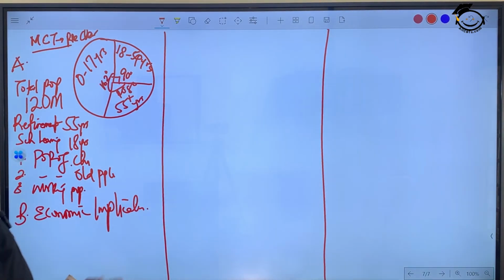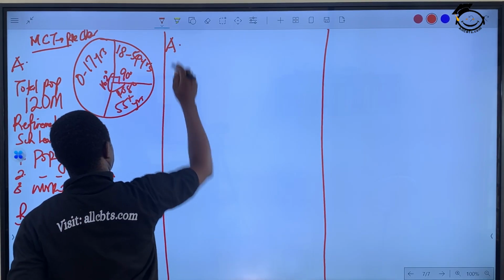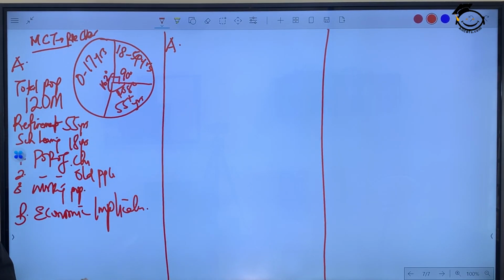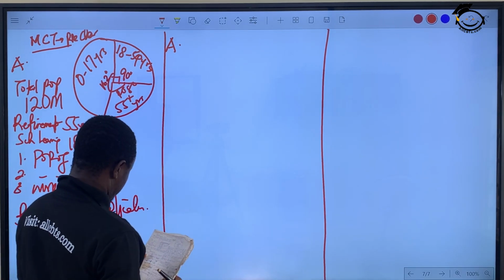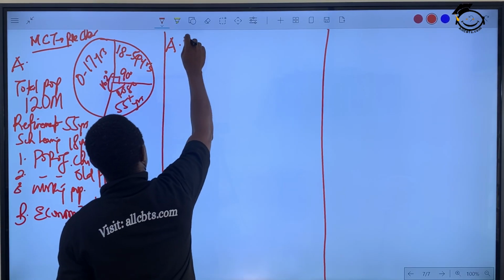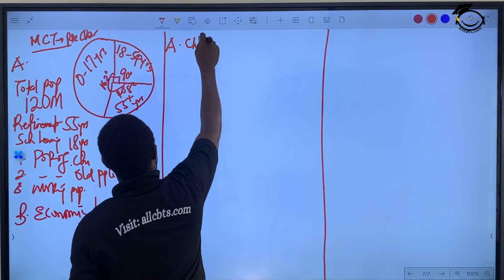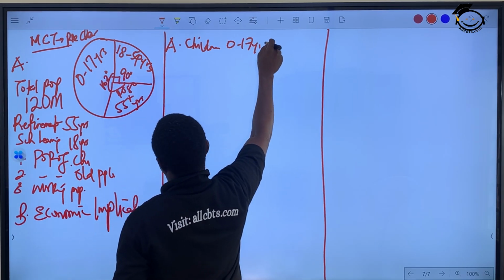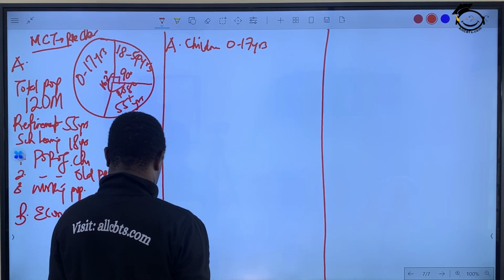So let's go on now. Let's start with A now. We want to calculate the population of children. The population of children should be this. That is 0 to 17 years. That's what they gave to us.